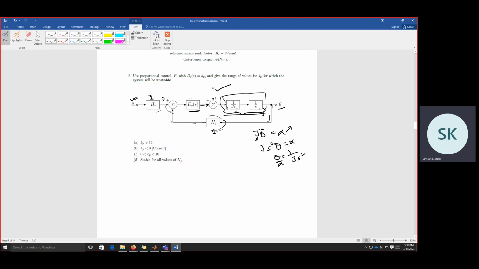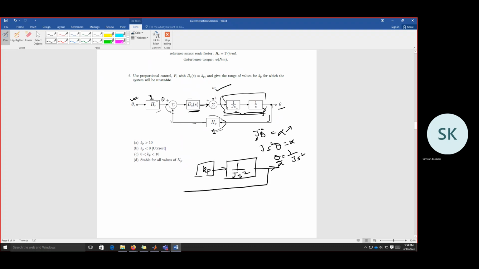Okay. So if you see this system, this plant, this is kind of unstable because of 1 over Js square, so 2 poles at origin, and we have Kp, negative feedback, and there is one disturbance term also.